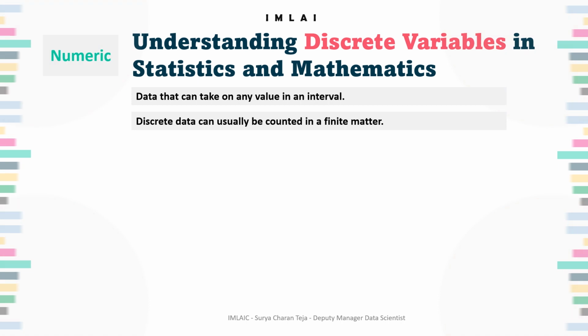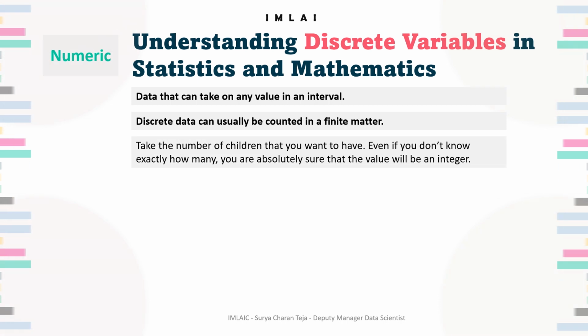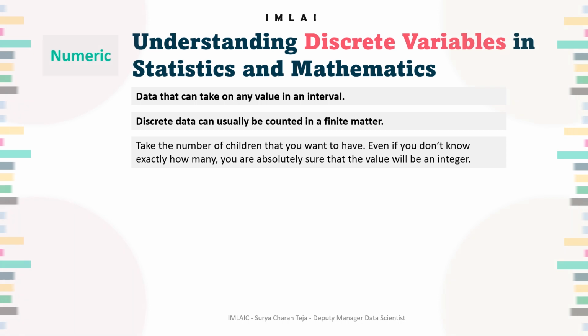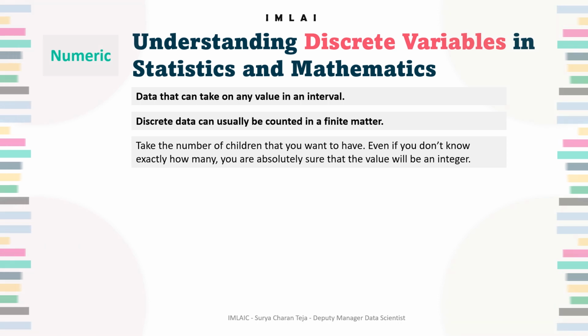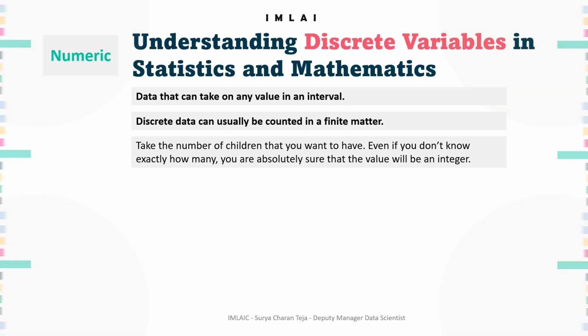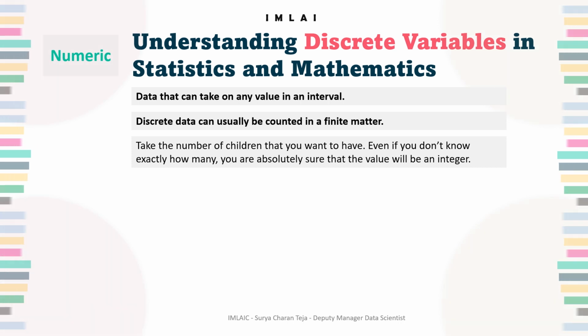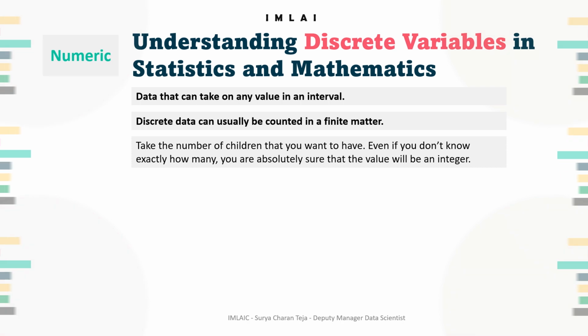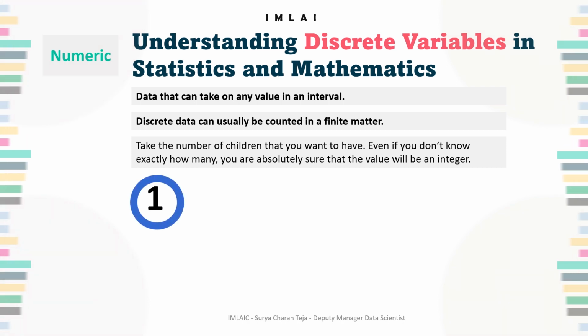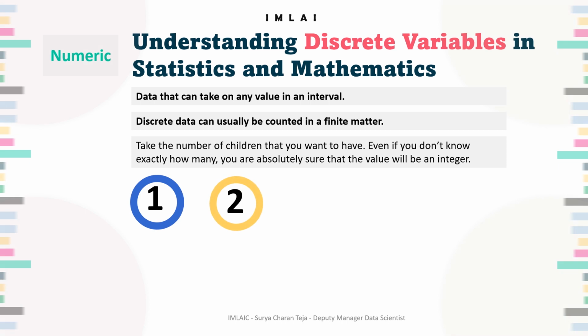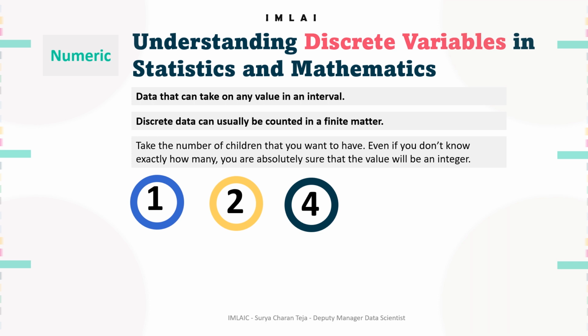So let's take one example: the number of children that you want to have. I used to discuss this with my girlfriend a lot of times. Even if you do not know how many, you are absolutely sure that the value will be an integer, not a floating point number. It could be 1 or 2 or 3. My girlfriend's choice was 1, if not 2, if I force it's 3, that's the maximum.